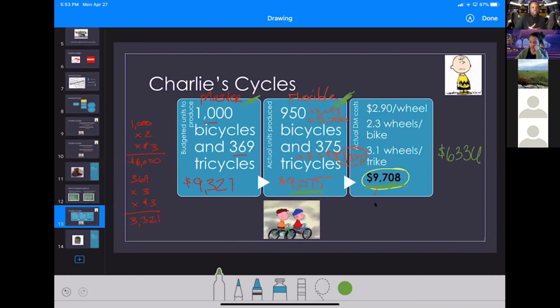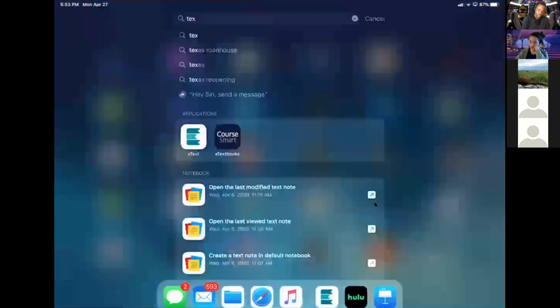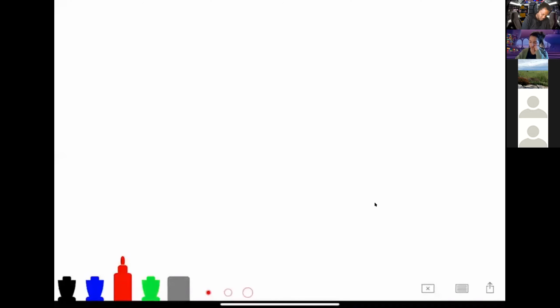So here's what we can do with this analysis and say, how much of this $633 is related to price versus quantity? Some of it's related to price. Some of it's related to quantity.